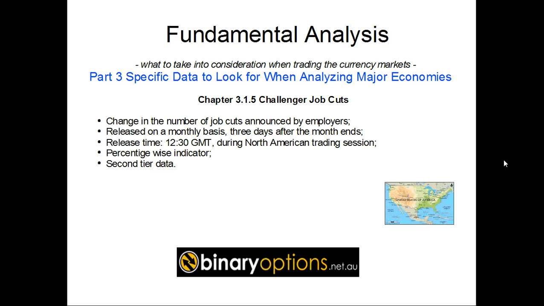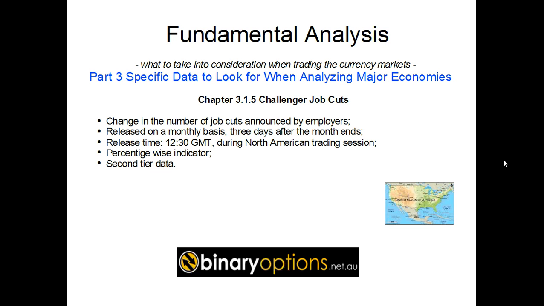and the challenger job cuts shows the change in the number of job cuts announced by employers. It is released on a monthly basis, 3 days after the month ends, which makes the actual day of release a little bit random. But this is the algorithm that makes the release.